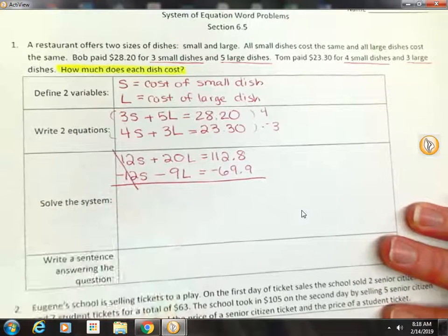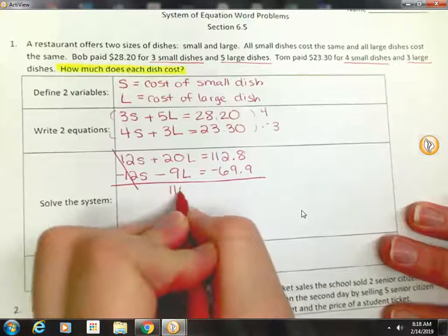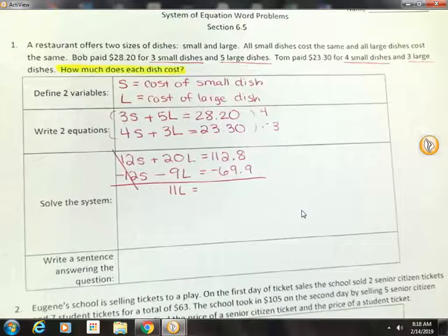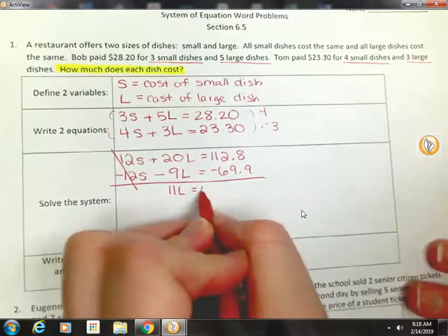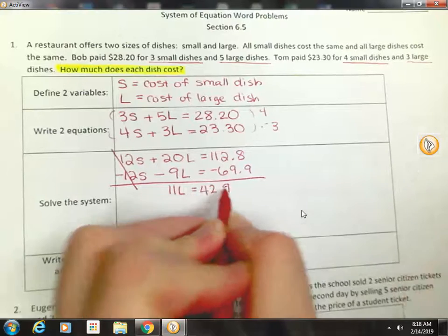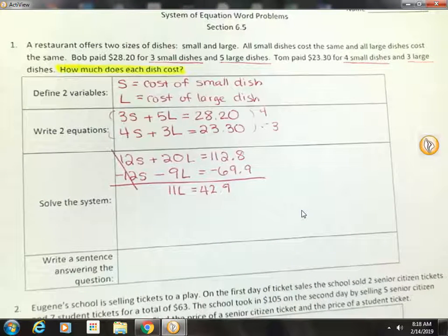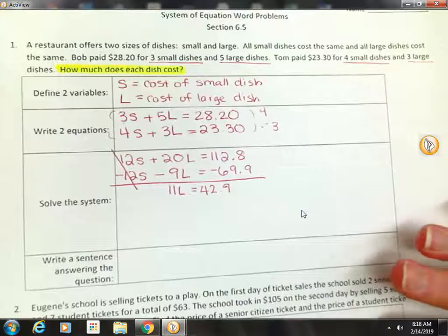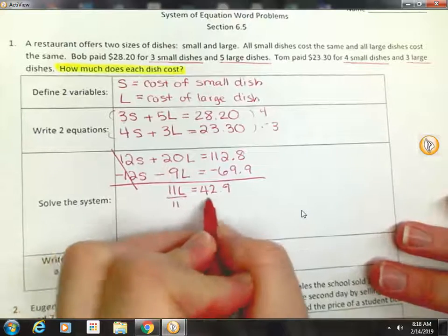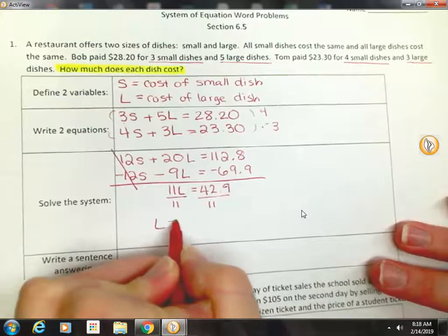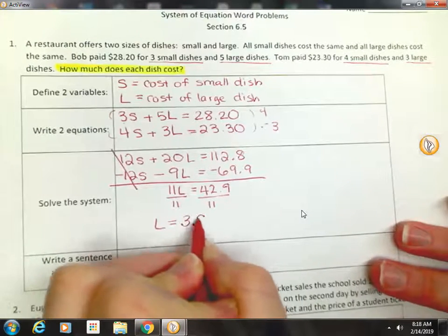The S's are going to cancel out. 20L minus 9L is 11L. And 112.8 minus 69.9 equals 42.9. Divide by 11. I have L equals 3.9.